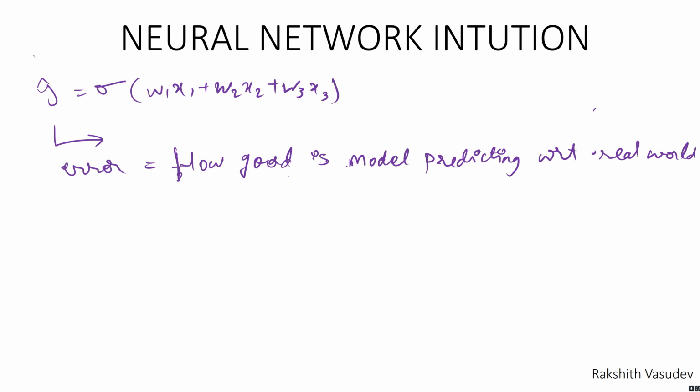So you check, and sometimes you realize that the error is substantially large. If the error is substantially large, you're trying to minimize the error, and the way you minimize the error is by doing something called back propagating.